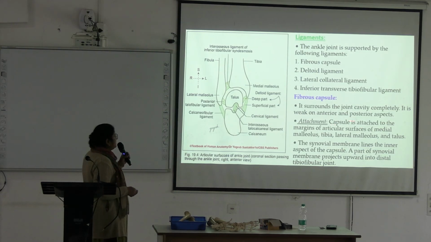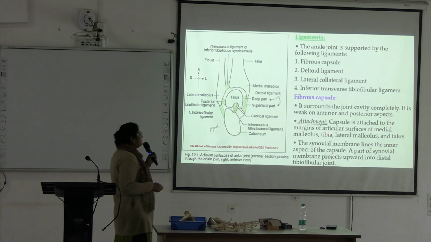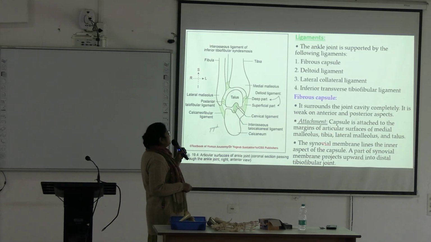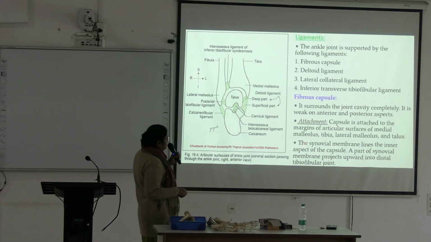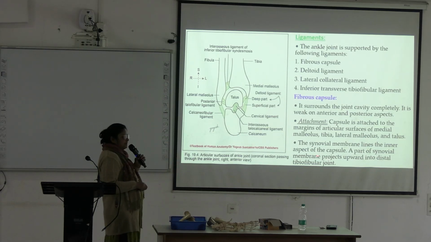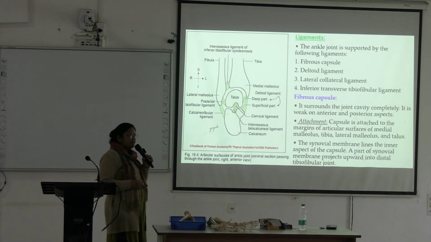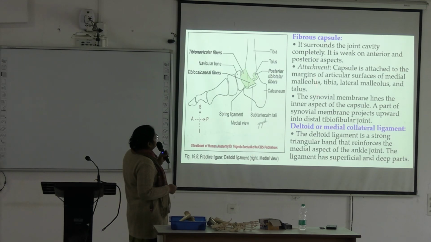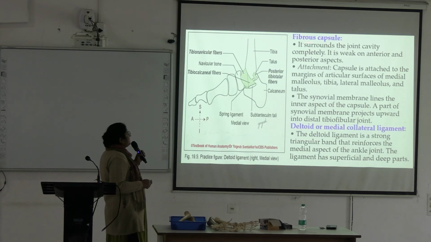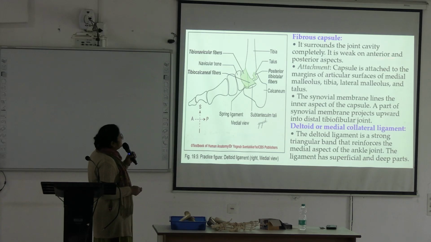The capsule is attached to the margins of the articular surfaces of the medial malleolus, tibia, lateral malleolus, and talus. The synovial membrane lines the inner aspect of the capsule, and a part of the synovial membrane projects upward into the distal tibiofibular joint.